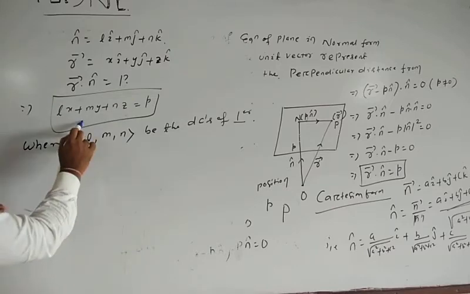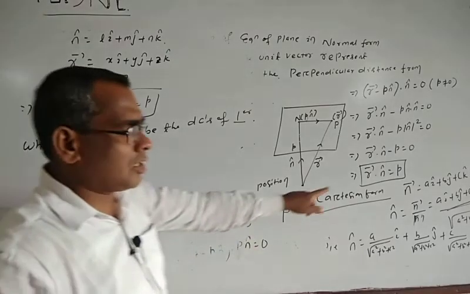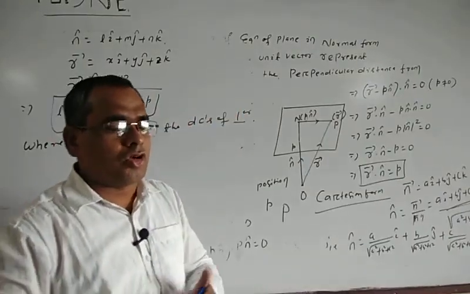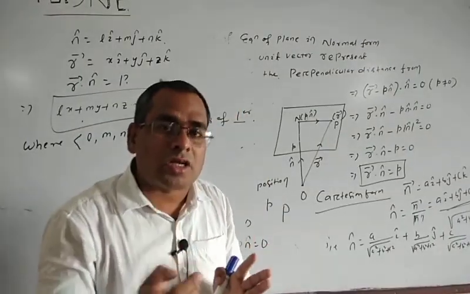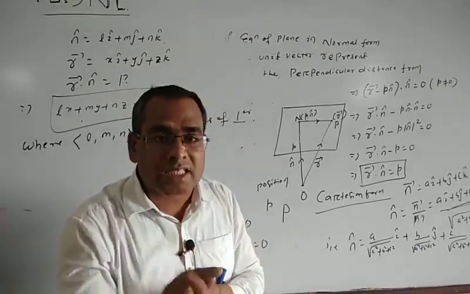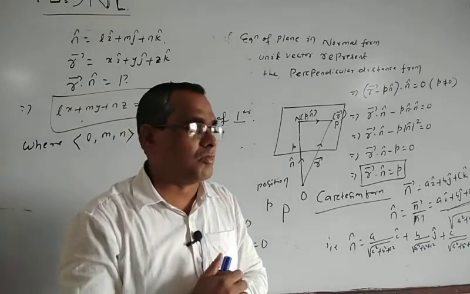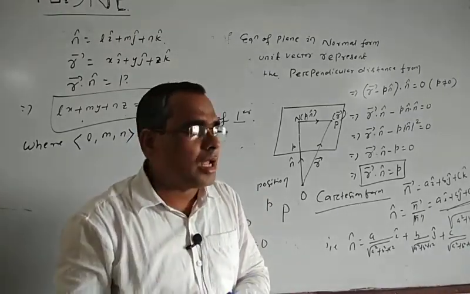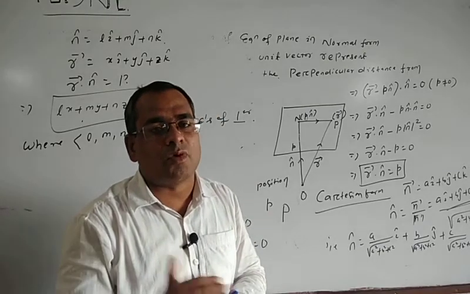This is the Cartesian form, and this is the vector form of the equation of the plane in normal form. So the vector form is r vector dot n cap is equal to p, and the Cartesian form is lx plus my plus nz is equal to p, where l, m, n are the DCs of the perpendicular and p is the perpendicular distance from the origin to the plane.